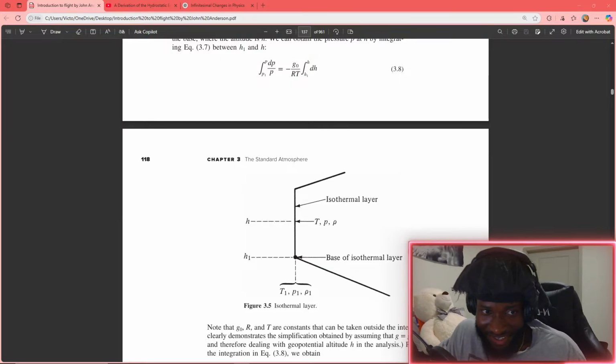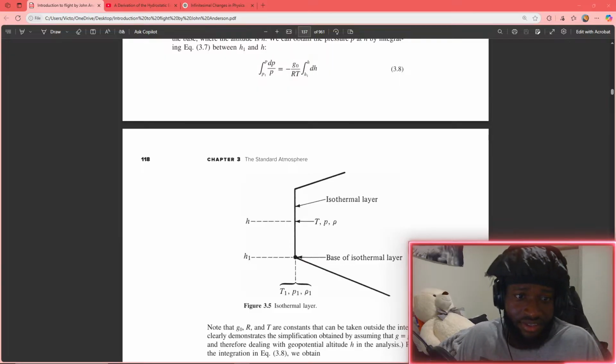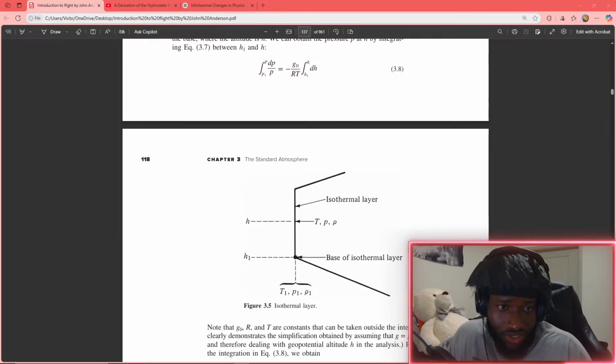All right, the law of gravity by Newton says force is equal to big G, our gravitational constant, which I think is 6.67 times 10 to the negative 11, times the mass of Earth times the mass of another body, divided by (r plus h) squared.